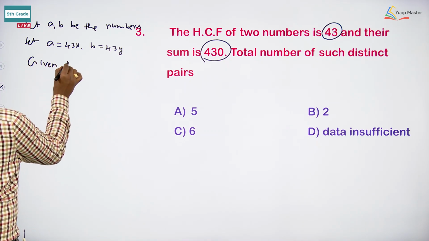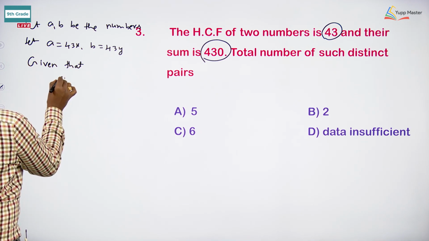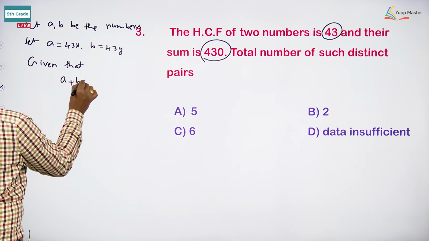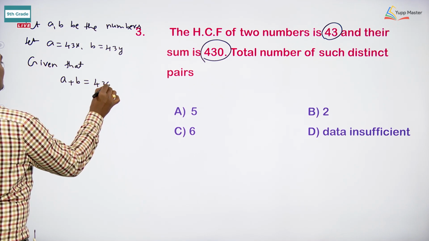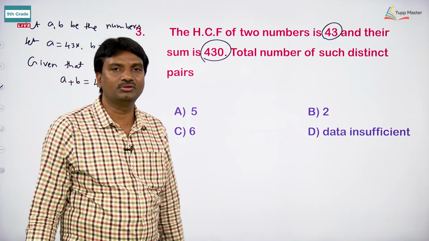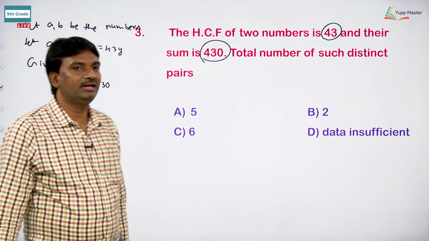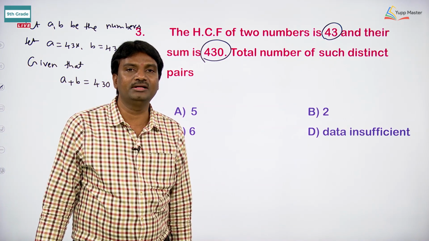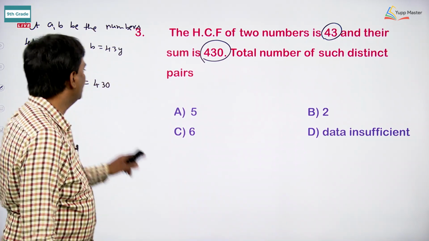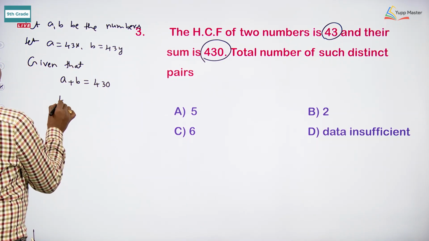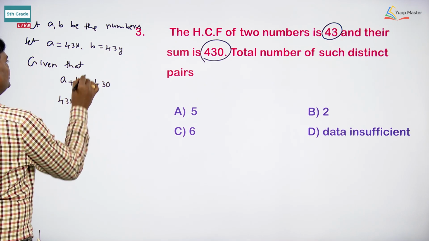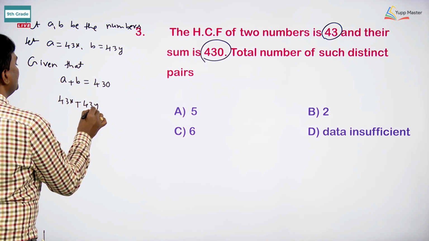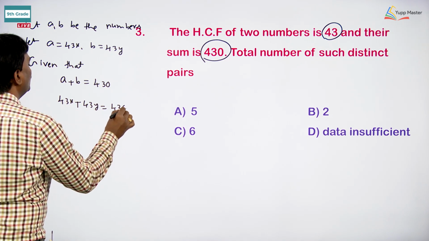Given that A plus B equal to 430. In place of A, we can write 43x, and in place of B, we can write 43y, equal to 430.